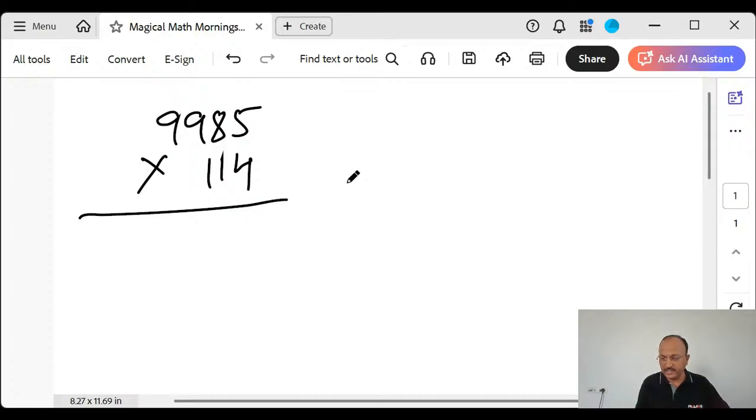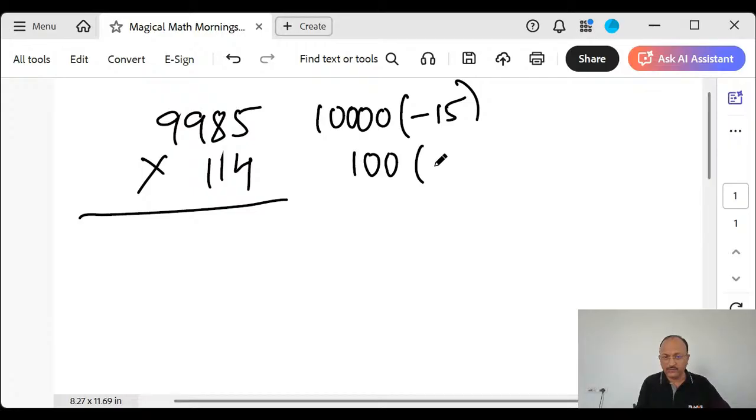I think it's taking little time. The base is 10,000 with the deviation of minus 15, and here the base is 100 with the deviation of plus 14. Here 15 into 14, I think you are taking little time. We should be able to do very fast. The multiplication tables I have suggested, no, that we should be able to do very fast.